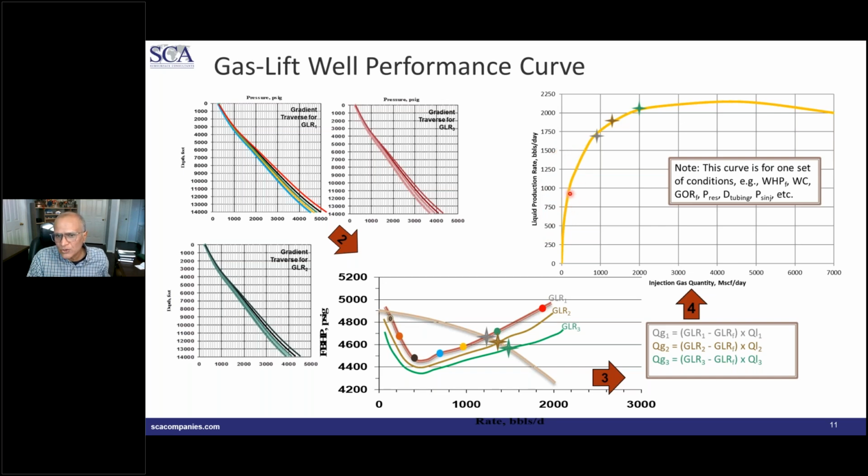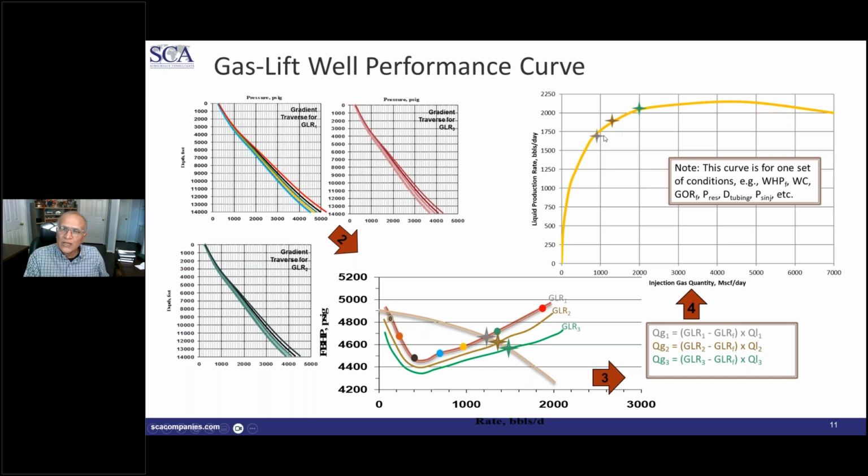As you might have guessed, with increasing injection gas quantity, the liquid production rate keeps on increasing because your bottom hole flowing pressure is decreasing. But after a while, as we saw earlier, your bottom hole flowing pressure does not decrease, and in some cases it can even start increasing because of the friction effect, as I was explaining earlier. In that case, this curve may start going downward.